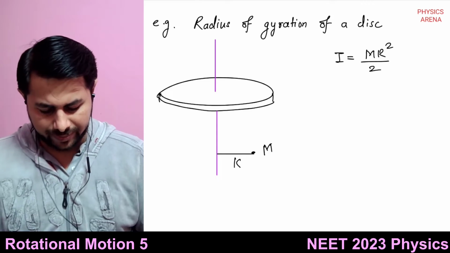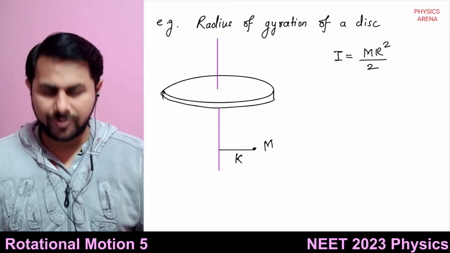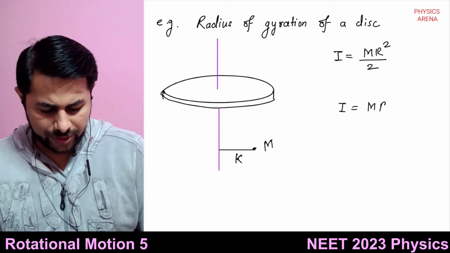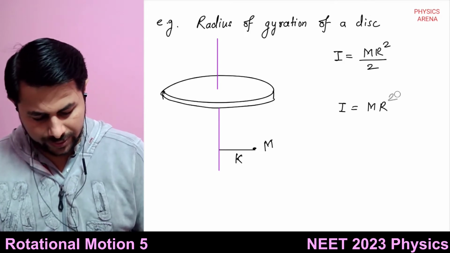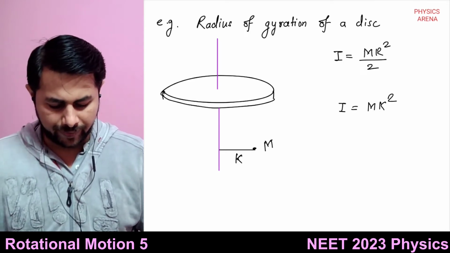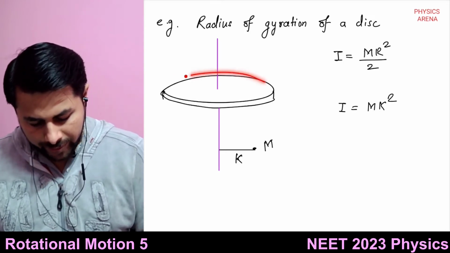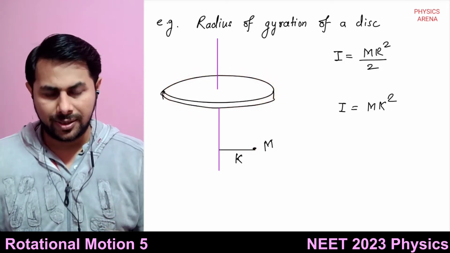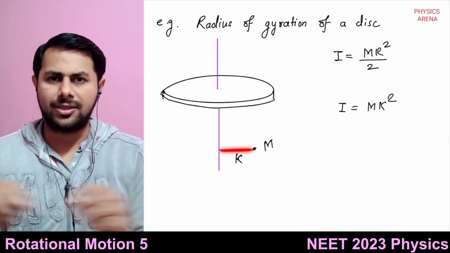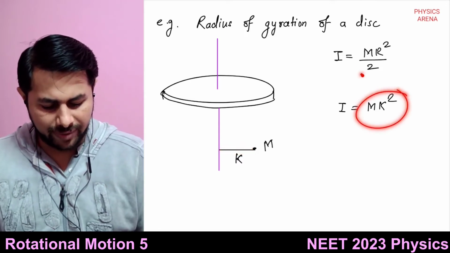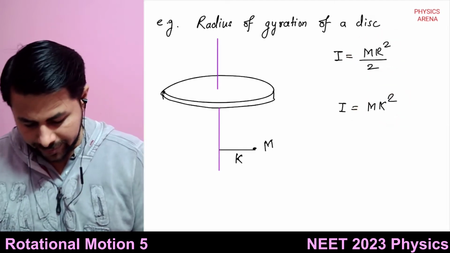We denote it by k. So how much would be its moment of inertia? I is equal to, because it is a point mass, sorry, not r, it is mk square. But moment of inertia of this disk is equal to moment of inertia of this point mass when I keep this mass at distance equal to radius of gyration. So mk square is equal to mr square divided by 2.